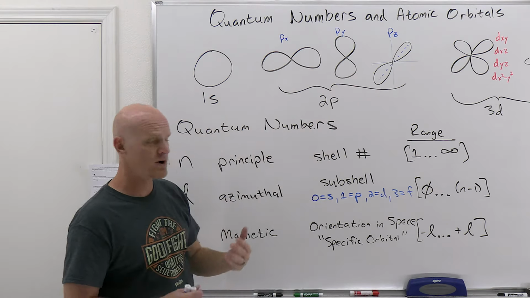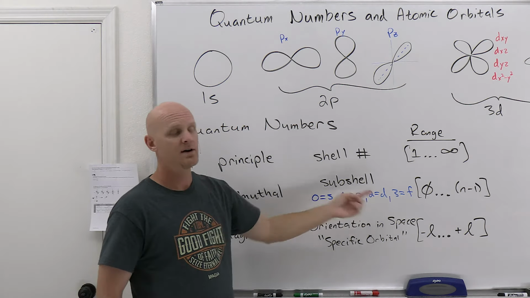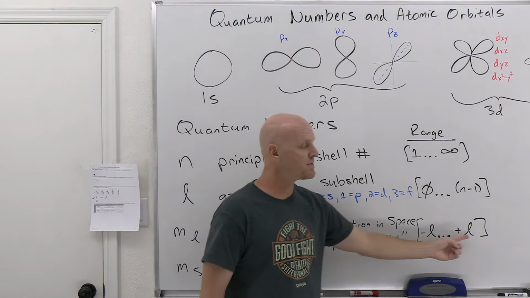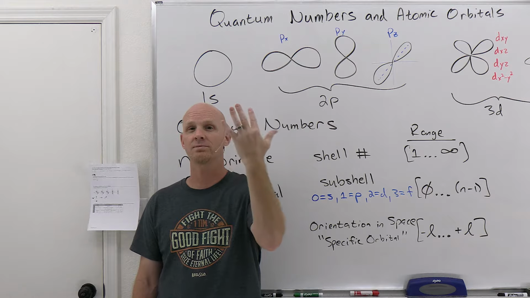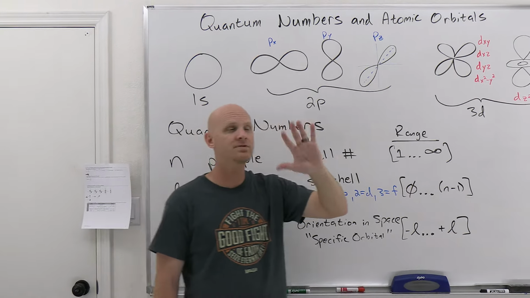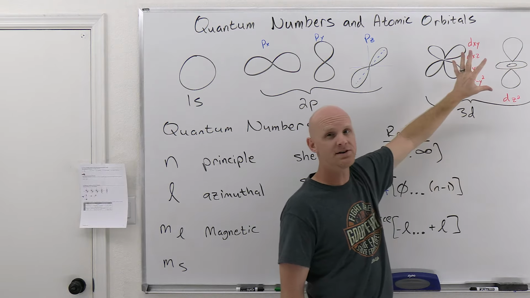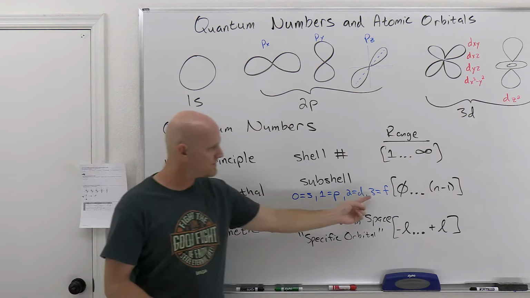If we go on to d orbitals, for d orbital, L is equal to 2, which means that M sub L could take on a range of values from negative 2 to positive 2, which means negative 2, negative 1, 0, positive 1, positive 2. And there's 5 different values because there are 1, 2, 3, 4, 5 different d orbitals. So again, if L equals 3, L equaling 3 means F orbital.